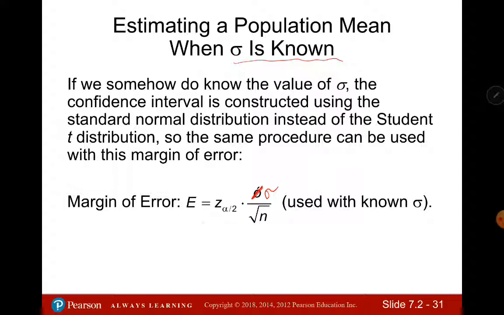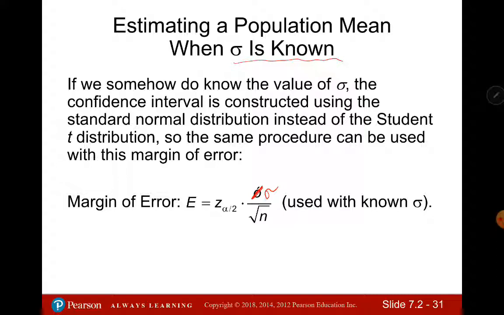Remember, previously for the margin of error, we use T, not Z. We use S, not sigma. But if we know the value of sigma, then we should use sigma.